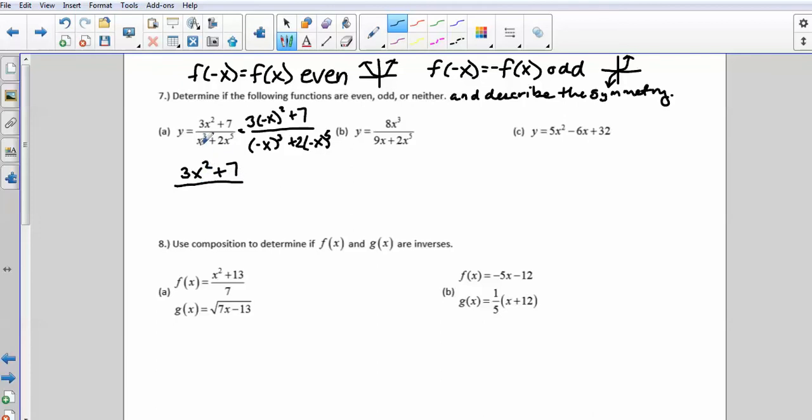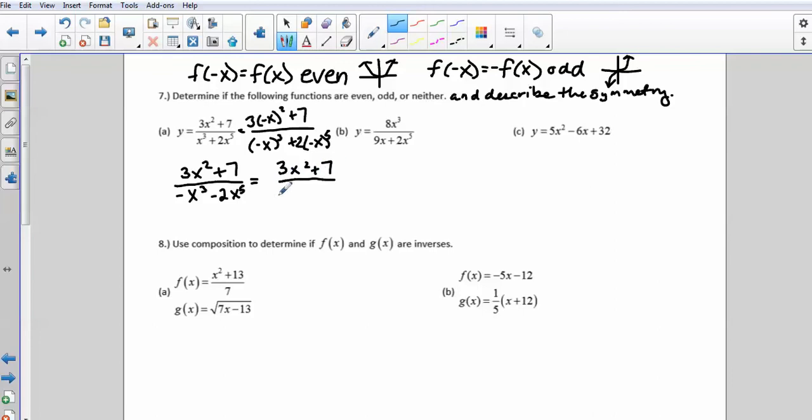My denominator, when you raise to an odd power, is going to keep its sign. So this is going to be negative x to the third minus 2x to the fifth. So what we have is the same on top and the opposite on the bottom. If you were to factor the negative out of the denominator, you could move it to the front. So my numerator stays the same.